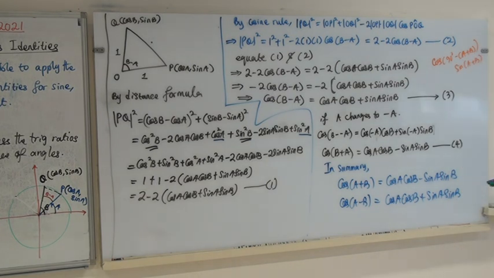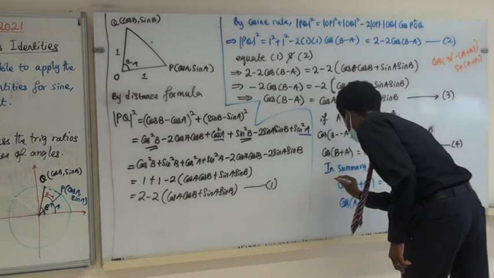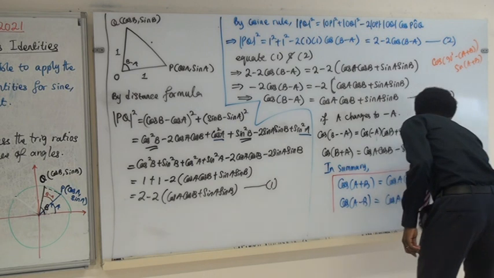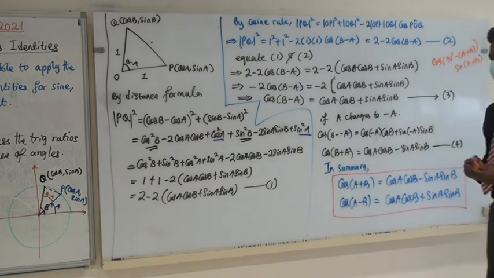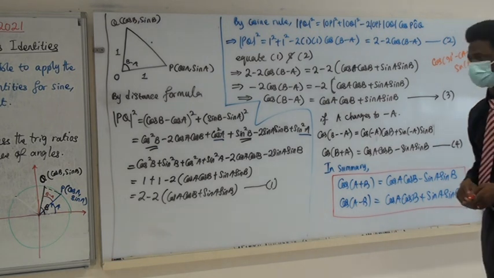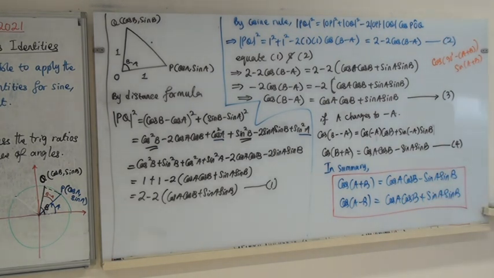So this is the identity to be used. You don't have to memorize. I'm sure you have it in your formula booklet. So when I'm doing this with the SL, you guys wouldn't need to worry about it. You move on to something. But SL also with this.